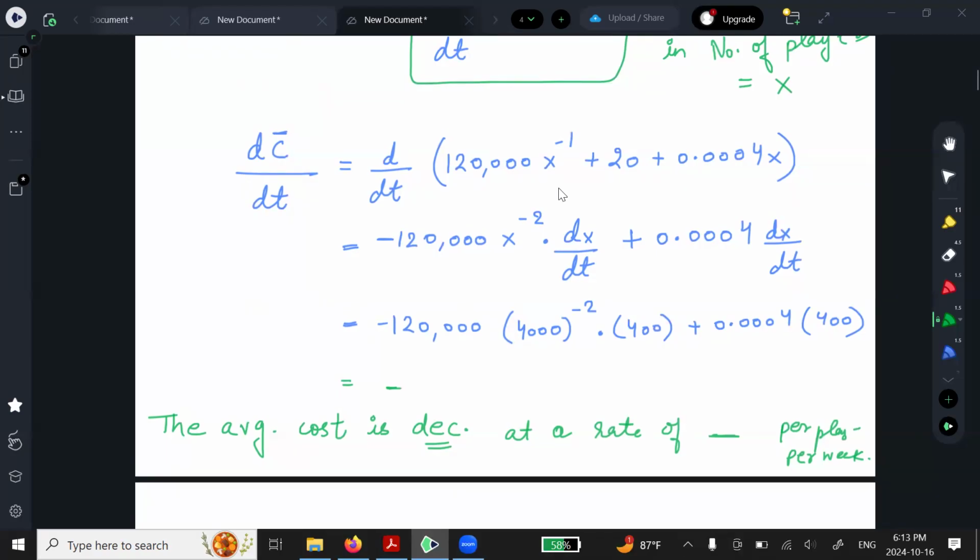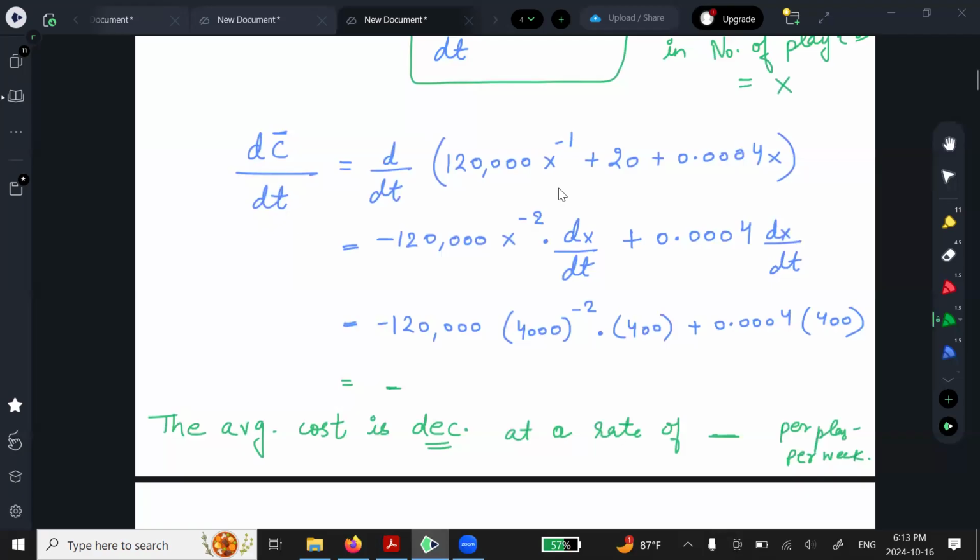Say I'm measuring the speed of a car, and I want to measure speed per month or per hour. You keep the measuring unit the same, right? I'm measuring temperature, I want to keep it Celsius or Fahrenheit. You don't change. So if they're measuring the rate of change in number of players per week, they want you to find the rate of change, which is a good question. Average cost, we want to differentiate with respect to t. That's your hint. Good question actually.